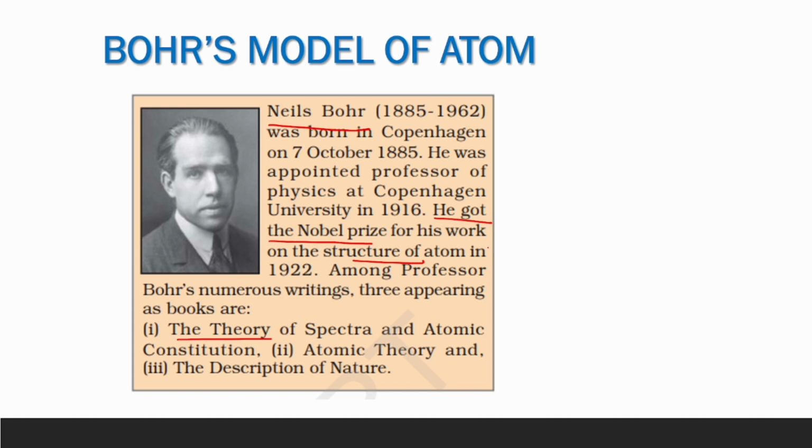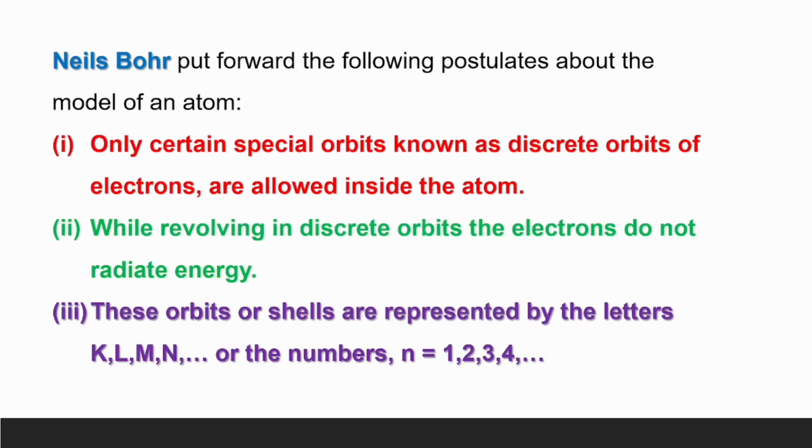Now, let's study the Bohr atom model in detail. The scientist Niels Bohr put forward some postulates about the model of atom, trying to avoid these limitations of Rutherford's model.